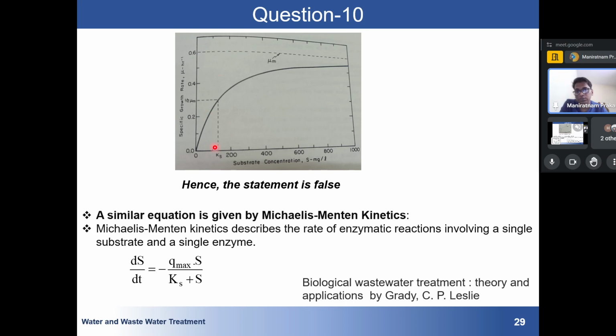So the interesting part of this Monod equation is that up to half of the maximum specific growth rate, the growth is following first order reaction, and from the half concentration to the maximum rate, it is following zero order reaction.